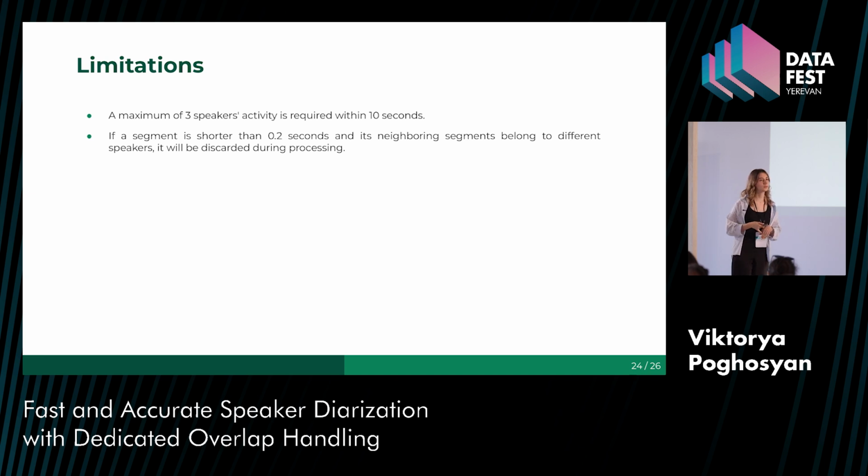And a few words about the limitations of the framework. A maximum of 3 speakers' activity is allowed within 10 seconds, which is the constraint of the speaker segmentation model. And if a segment is shorter than 0.2 seconds, and its neighboring segments belong to different speakers, it will be discarded during processing.